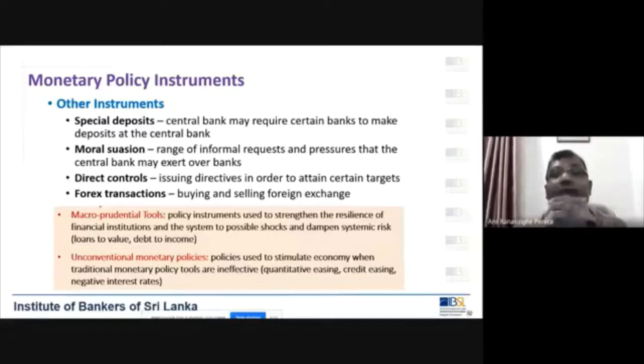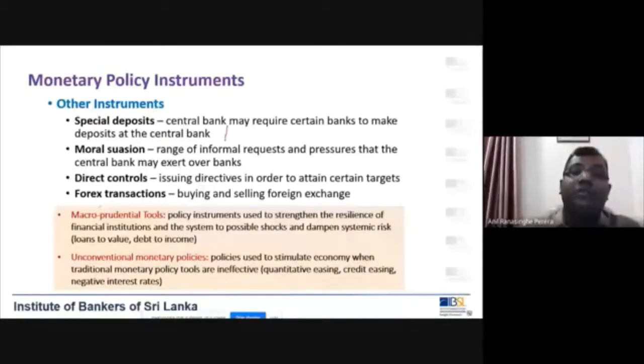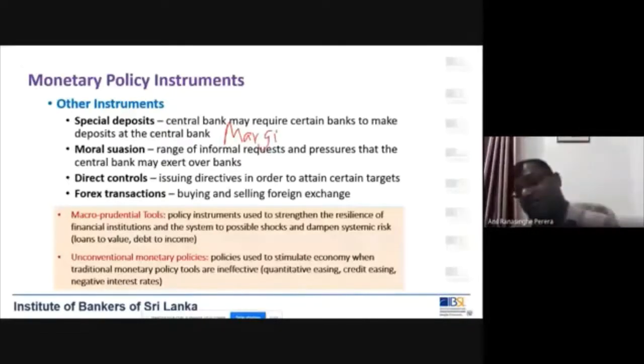The central bank can ask banks to keep a deposit at the central bank. For example, you may have heard the central bank is imposing margin requirements on banks. Margin requirements mean when they import, they have to keep a cash margin, a cash deposit at the central bank. That's why you call it a special deposit.